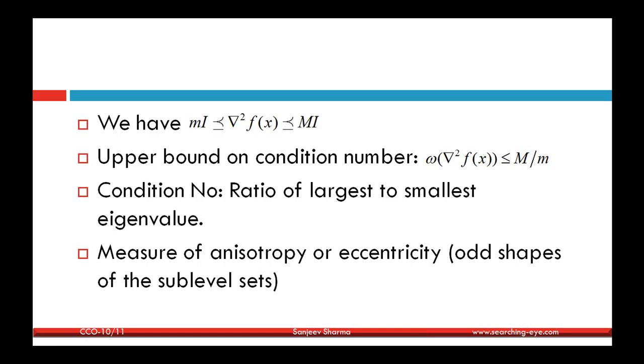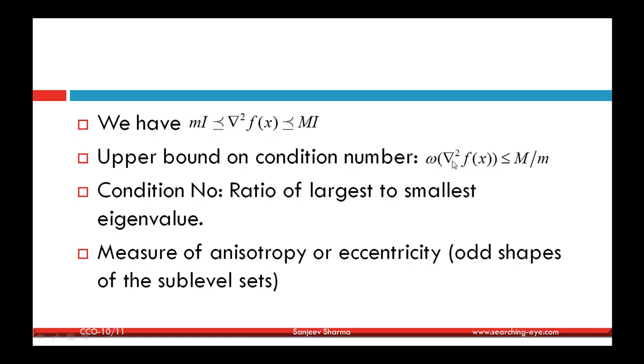We have this lower bound and upper bound on the Hessian of the objective function. That is, del square f x is greater than or equal to m I and is less than or equal to capital M times I, where I is the identity matrix, and the upper bound on the condition number of this Hessian matrix is given by M over m, which is the ratio of the largest to smallest eigenvalue.